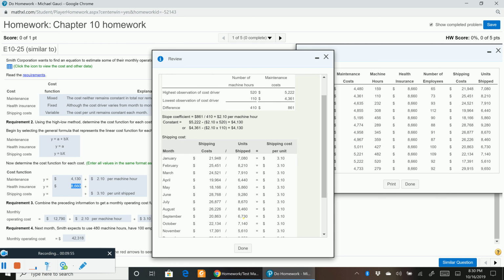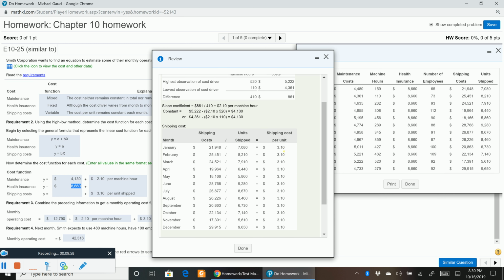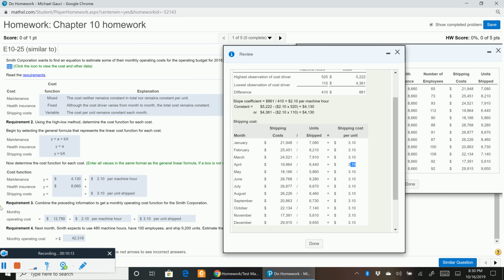We checked the first 3 months, I believe, but I told you to trust me. If you test it for all 12 months, you get the same $3.10 per unit. That means it is a pure variable cost. So when we take our three costs together, maintenance, which is mixed, health insurance, which is totally fixed, and shipping cost, which is totally variable, for the entire organization with these three costs, Y, the total cost, equals the fixed cost.